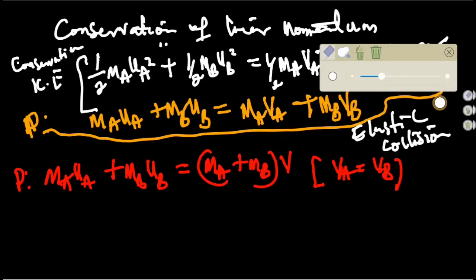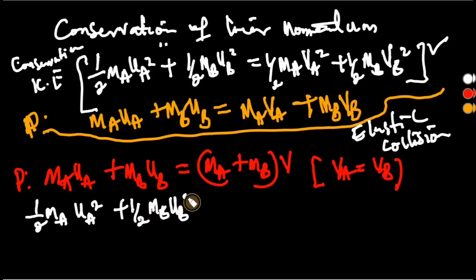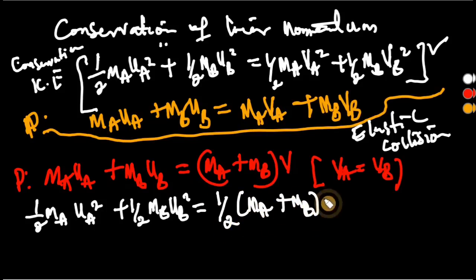For inelastic collision, we notice that kinetic energy is lost. So you have half ma Ua square plus half mb Ub square equals half (ma plus mb) V square.